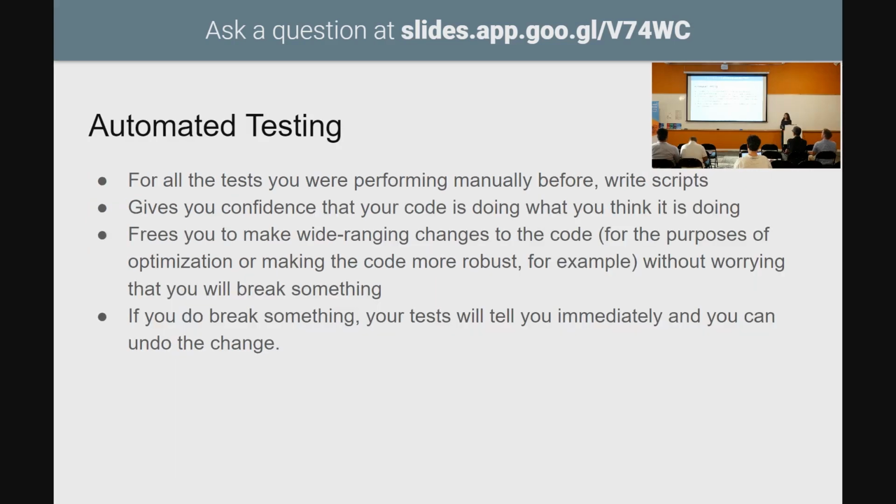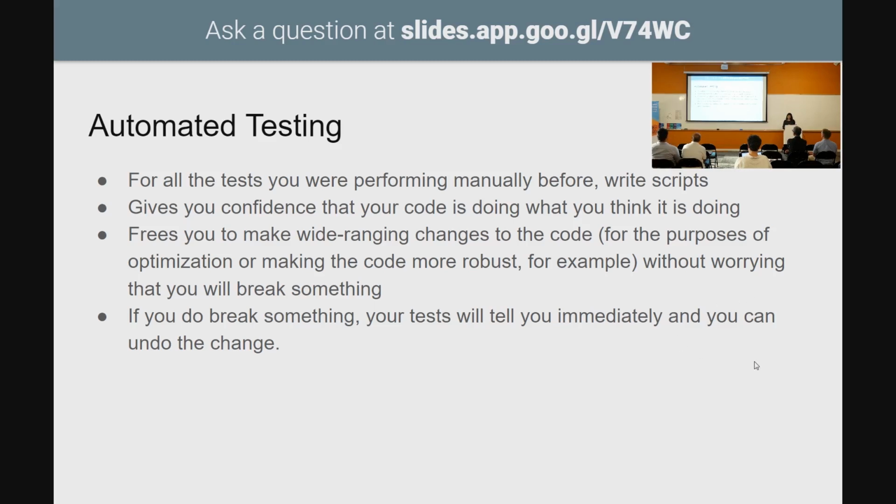Automated testing. Everybody hates that. Everybody who's a data scientist hates that. I'm rephrasing it: we do test our data. I mean, we do test. We make sure that it runs with certain examples, but we don't have all of these tests written out. So all the tests that you were performing manually before, write them in a script.